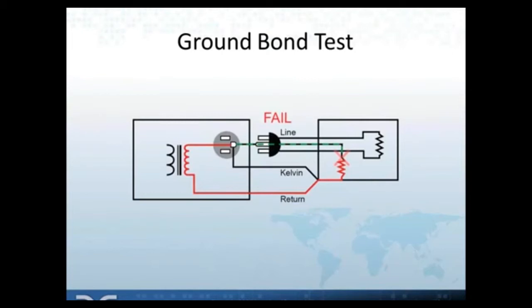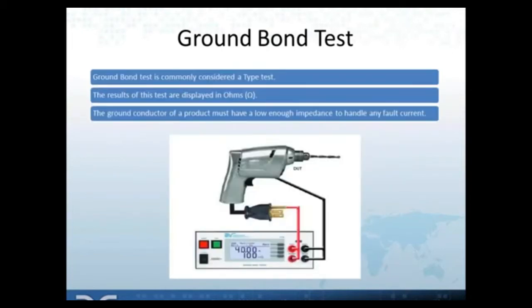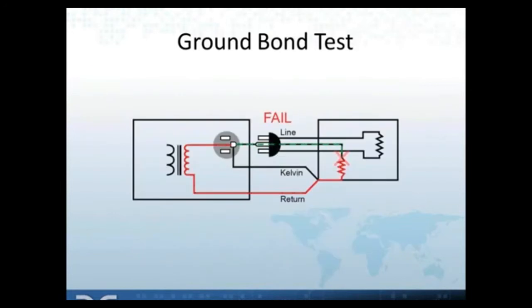The result of a ground bond test is in ohms. It gives us a measure of how good the ground conductor of a product is, and if it's capable of handling any fault currents to ground, hence protecting the user.